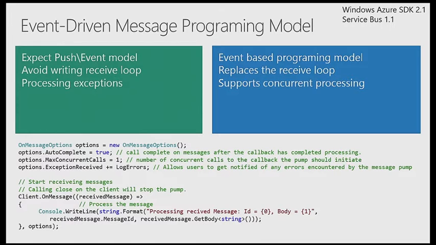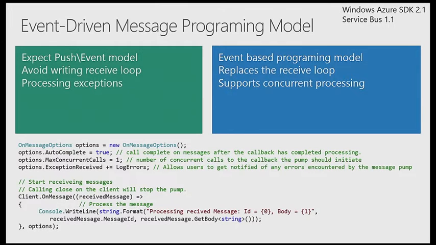The first one is the one I really like because that was one of the top asks from developers. Writing a receive loop and dealing with exceptions and completing the message is a challenge. And honestly, we really didn't have a good example. Our samples were hello world type of samples.